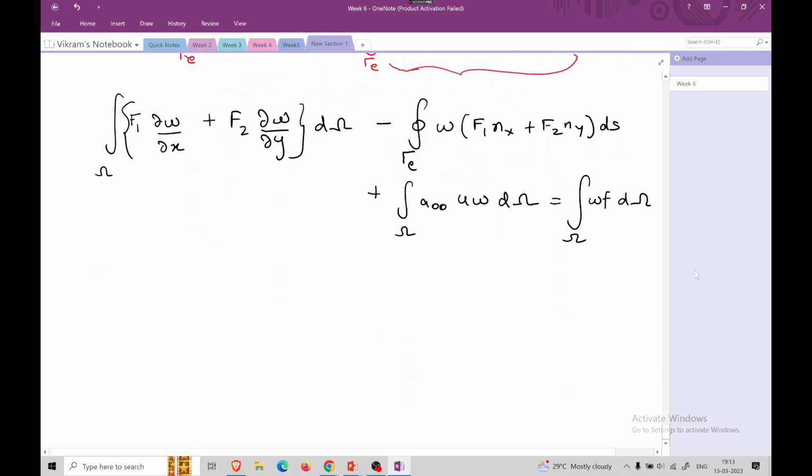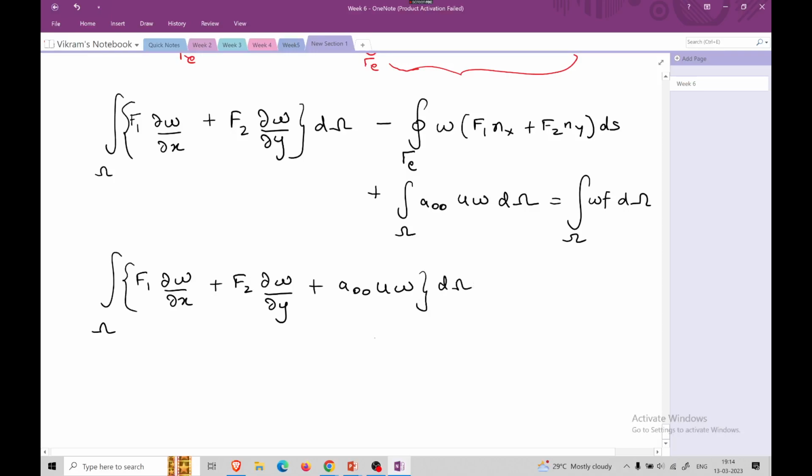So this boundary term I am going to bring to the right side. So what I will get is a unified term like this: f1 dou w by dou x plus f2 dou w by dou y plus a00 uw. This whole thing integrated over the domain will be w into f into d omega plus this boundary term.